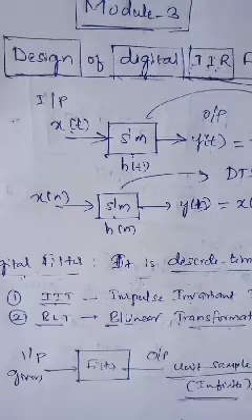And second point, when we design a digital filter using an analog filter, then the implementation becomes very simple. Because of that reason, we are converting analog filter to digital filter by these methods.